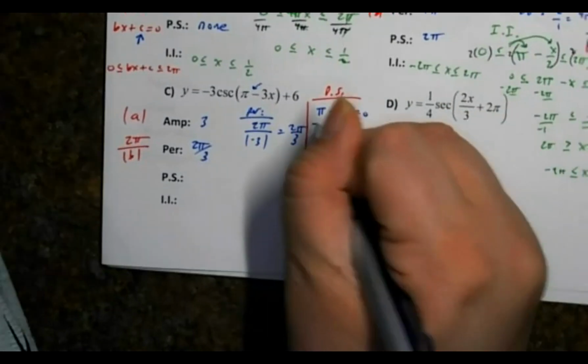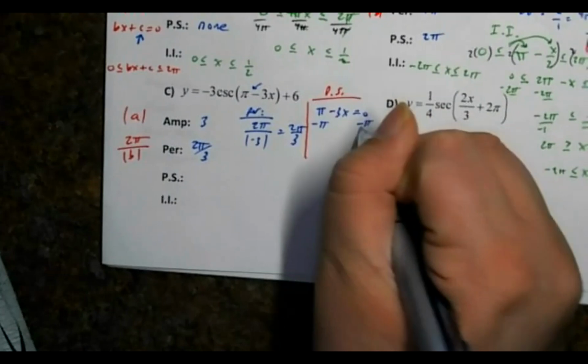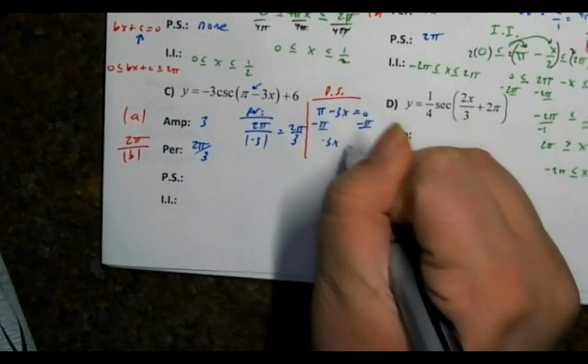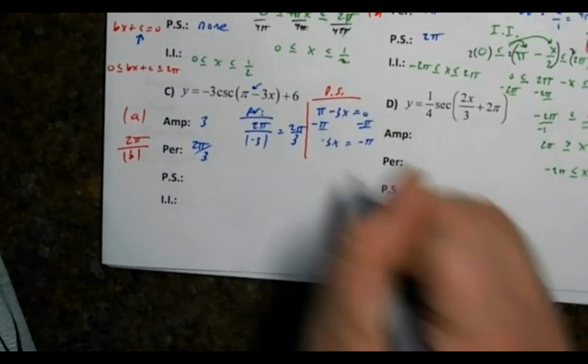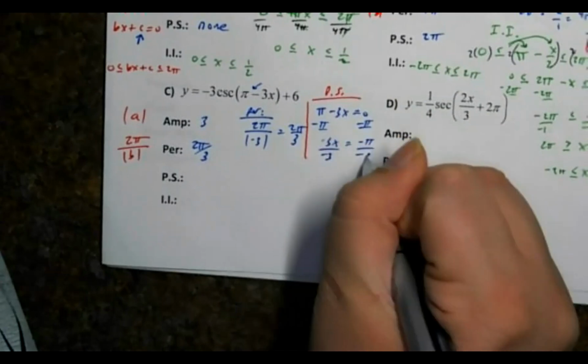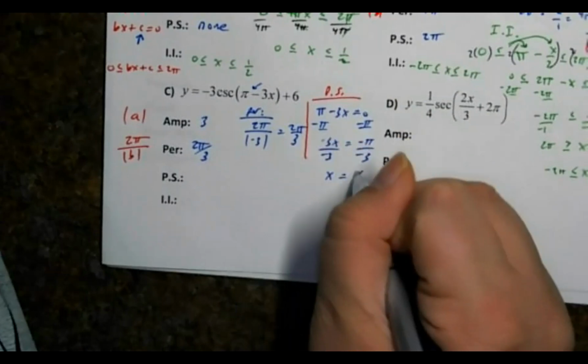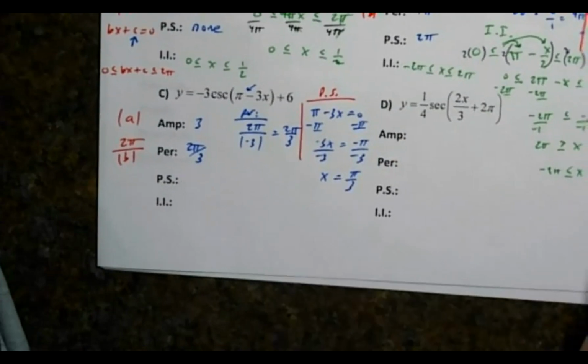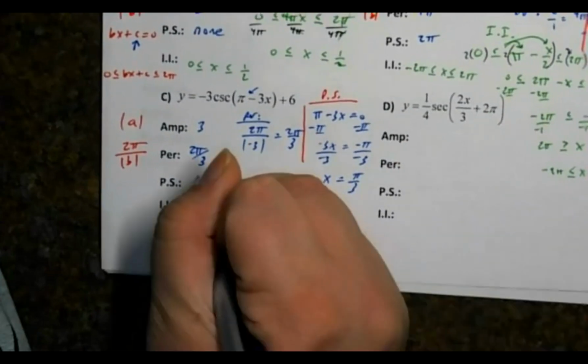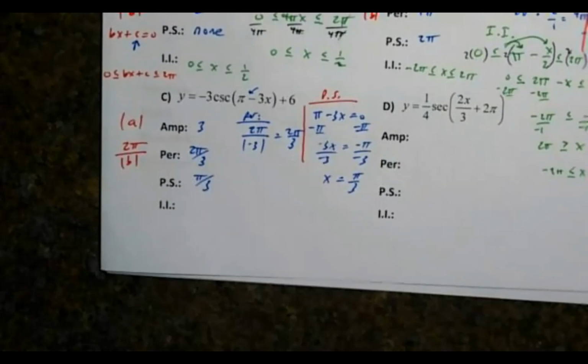So we're going to subtract pi. -3x equals -pi. Then we'll divide everything by -3. And x is pi over 3. So there's my phase shift. Pi over 3.